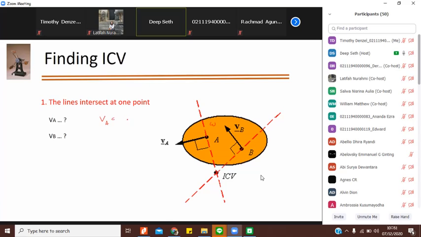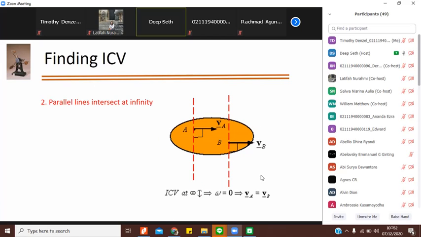So if you know what omega is, you just have to multiply it with RA, the distance of A from the instantaneous center of velocity. Okay. Similarly, VB is omega into RB, sorry, the distance of B from the instantaneous center of velocity. Okay. So very simply you can find it.